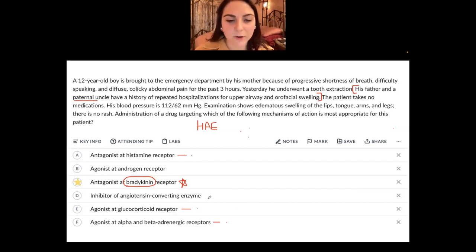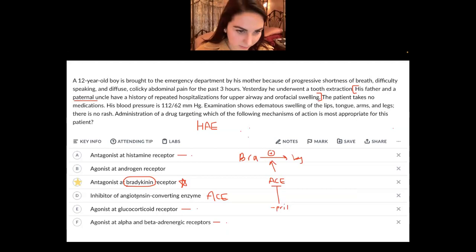So angiotensin converting enzyme is ACE. Do you remember ACE helps with bradykinin breakdown? Here's bradykinin, and then it would be broken into a byproduct. ACE helps with this. It's just a weird function that ACE has. So it facilitates this process. So if you were to inhibit ACE using an ACE inhibitor, remember they end in -pril, but again, I don't think that they would do that.